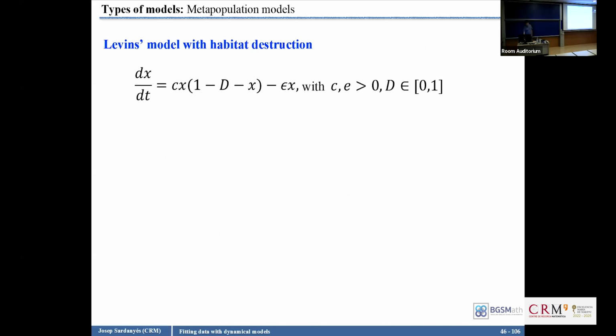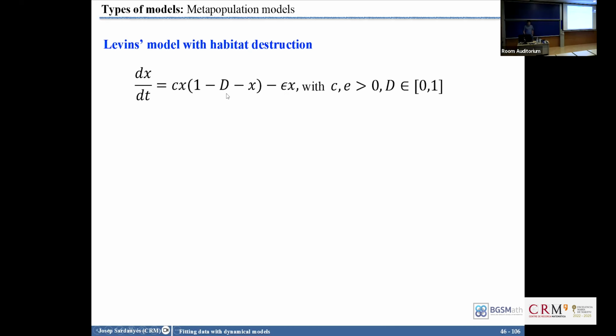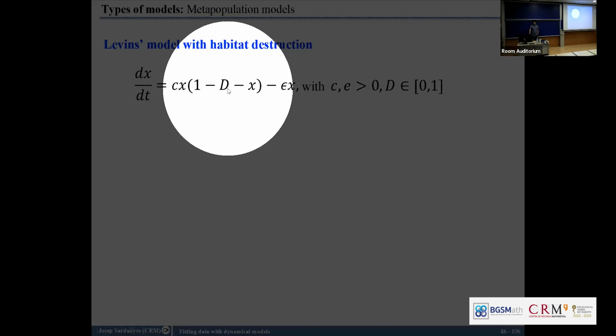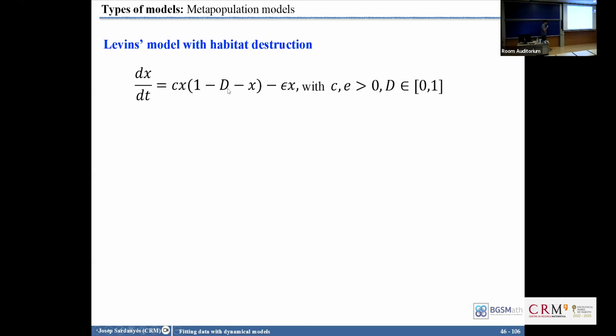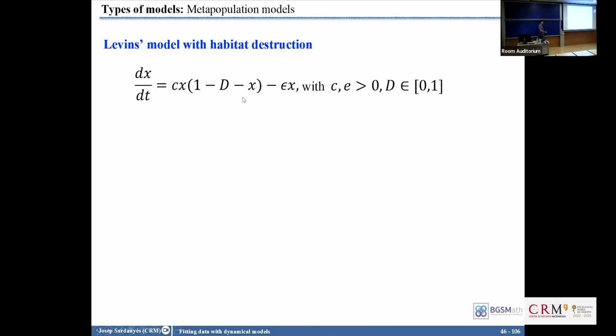Now I will show you this model in which we have added one parameter, that is this D here, the Levins model with habitat destruction. So D is the fraction of destroyed patches or destroyed sites. And it means that if D is equal to 1, all the patches are destroyed and the population will go to extinction.